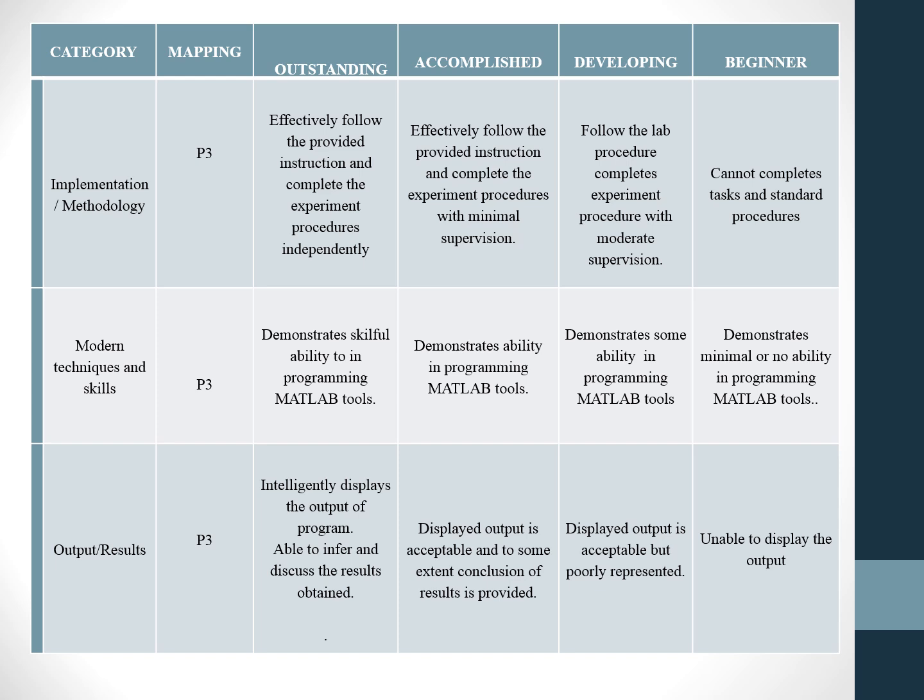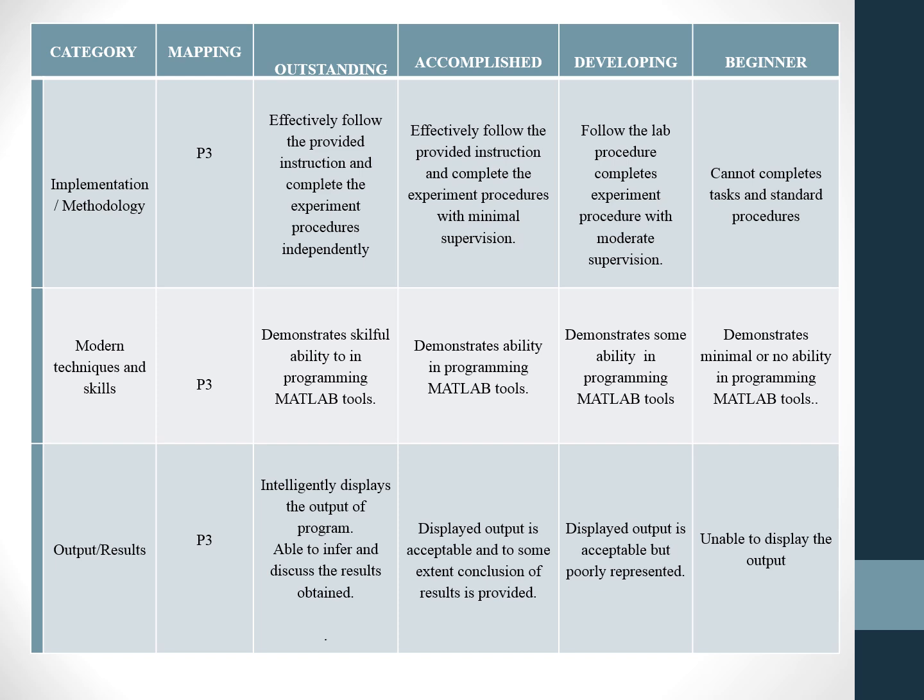In the second category, modern techniques and skills will be assessed. If you demonstrate skillful ability to program the code or to use the MATLAB codes to complete your experiment, then you will be categorized as outstanding. On the basis of outstanding, you will get your marks.